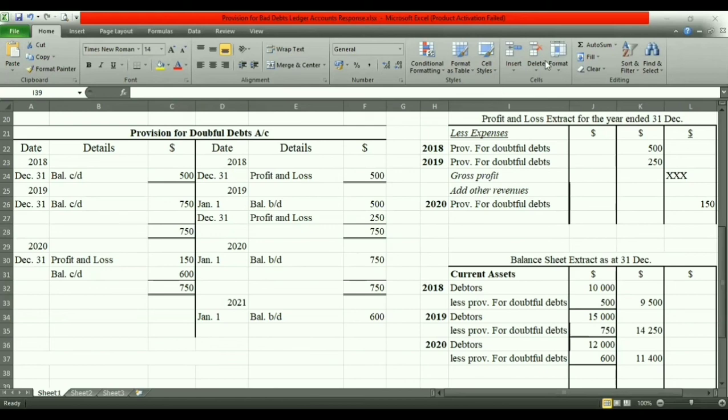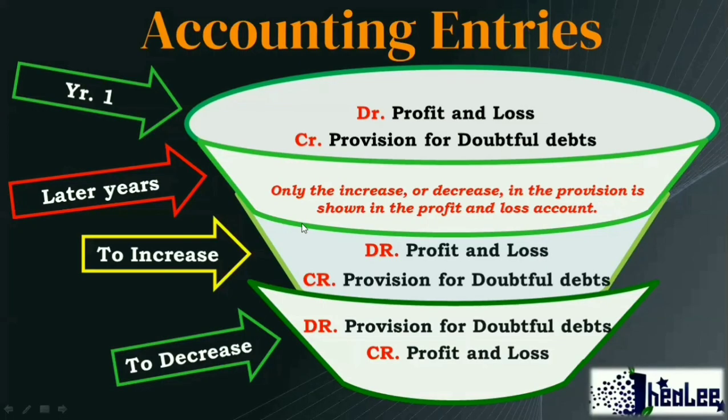So we have mastered the concept, looking at the accounting entries. Remember, the first year you're creating, you debit the account, profit and loss, and credit your provisions account. In the later years, only the increase or decrease is entered in your profit and loss account. In the later years, the increase, you debit your profit and loss account and credit your provision for doubtful debts account.